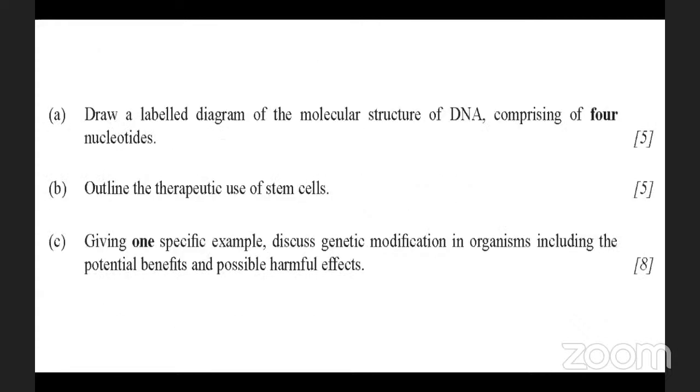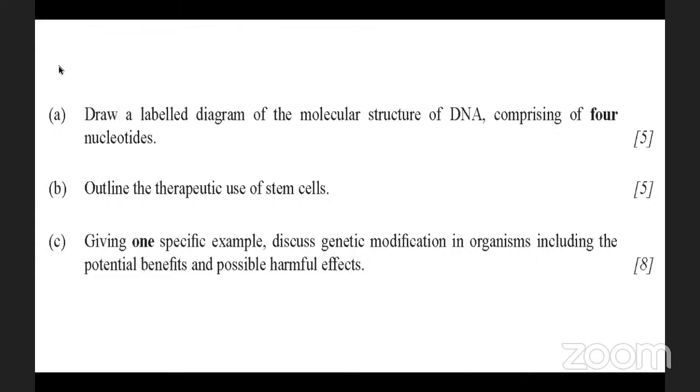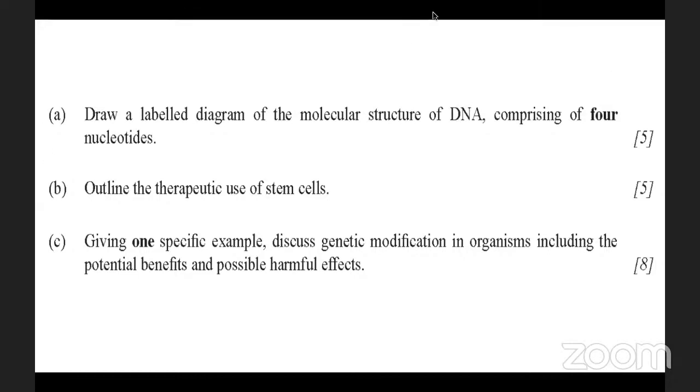All right. Okay, next. Ni siapa punya pula? Okay. So question dia, A, B, C. A, draw a labeled diagram of the molecular structure of DNA comprising of 4 nucleotides. B, outline the therapeutic use of stem cells.